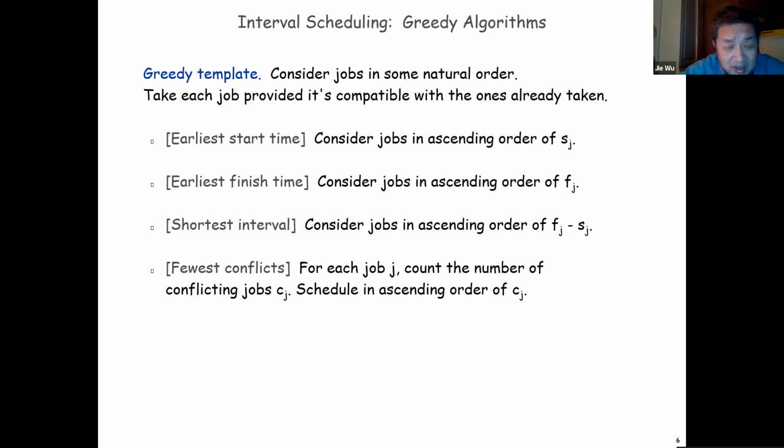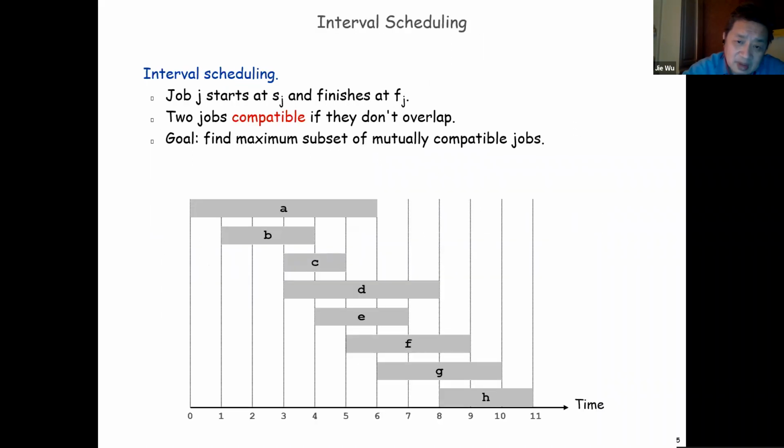Another one is the fewest conflicts. What does fewest conflicts mean? Look at the C. During the lifetime of C, from 3 to 5, how many tasks does it conflict with? A conflicts, B conflicts, D conflicts, E conflicts, right? So C has 4 conflicts.